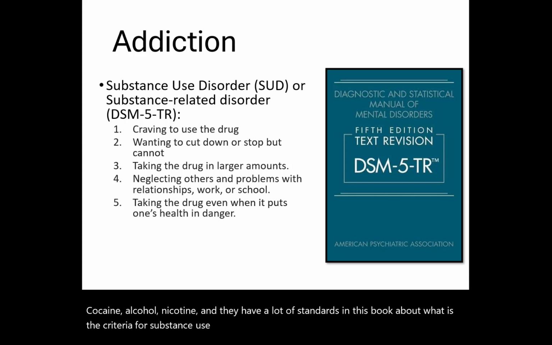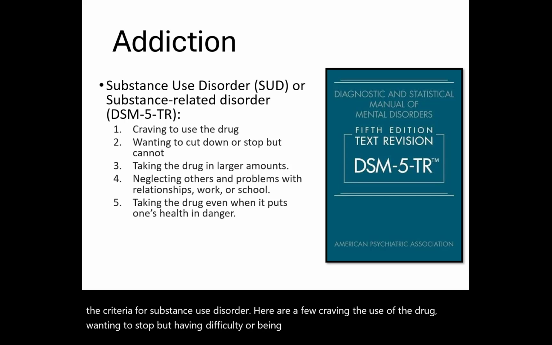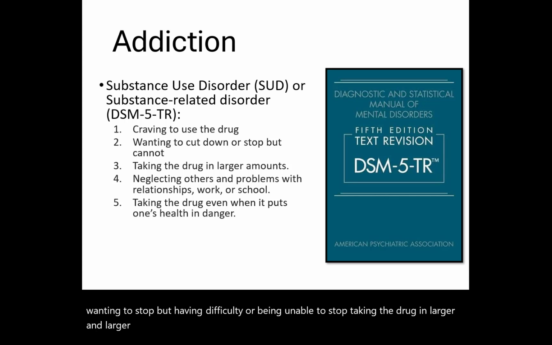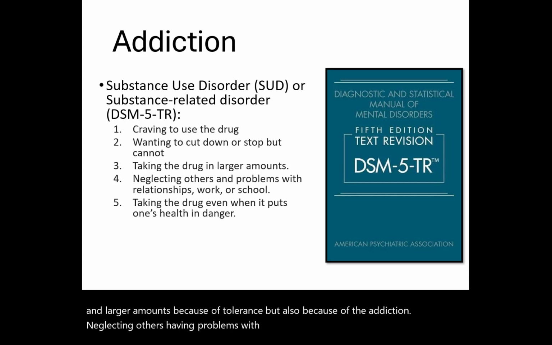Here are a few. Craving the use of the drug, wanting to stop but having difficulty or being unable to stop, taking the drug in larger and larger amounts because of tolerance but also because of the addiction, neglecting others, having problems with relationships and work and school, and of course taking the drug when it puts one's health in danger.